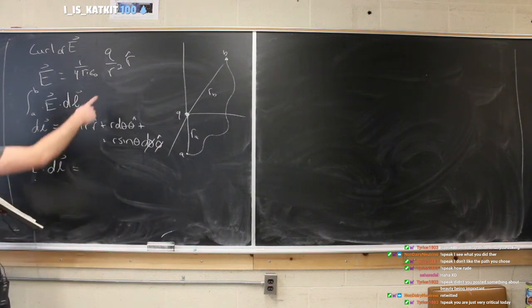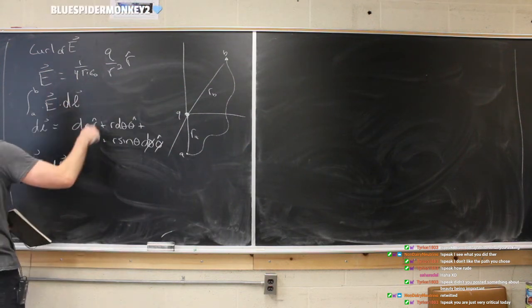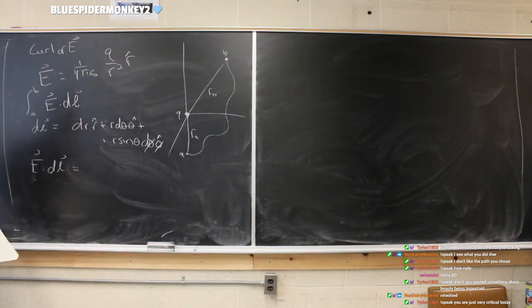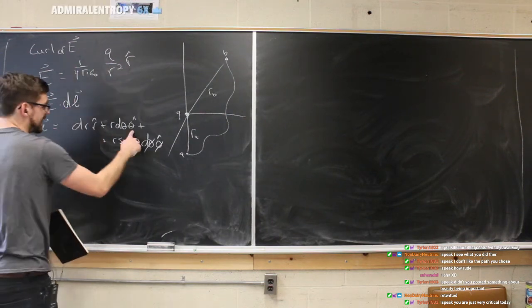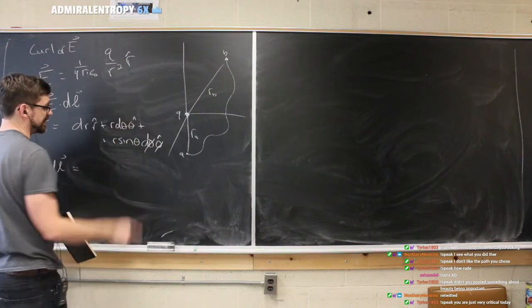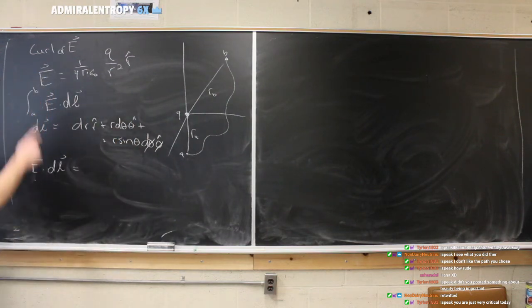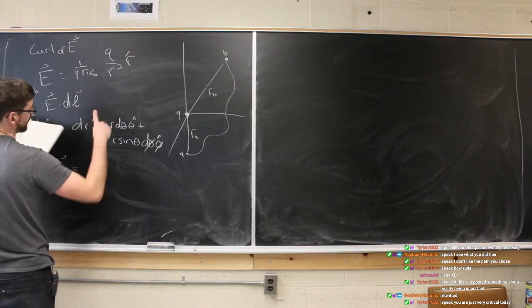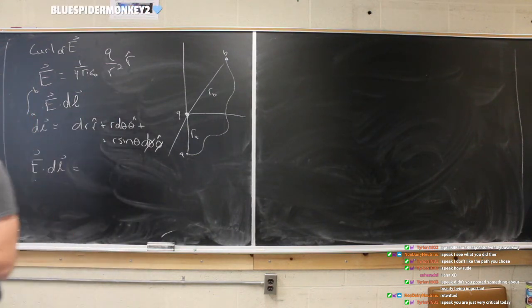So really the only thing that exists in here is where this r hat and r hat are dotted together. That's the only thing that shows up. When you start dotting it through all of these, every time it hits theta and phi, the whole term goes to 0. Which is another one of the beauty things of using spherical coordinates with the electric field. It'd be very, very messy if you tried to do this in Cartesian.